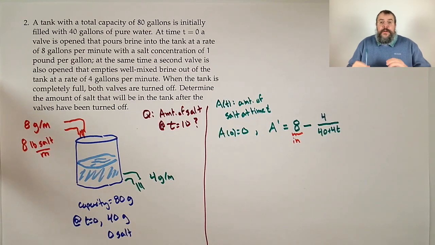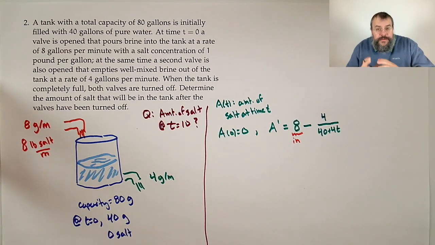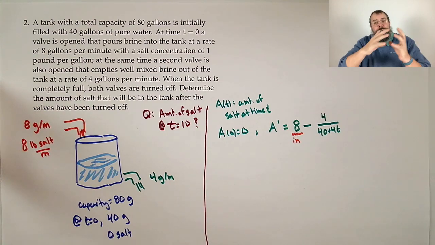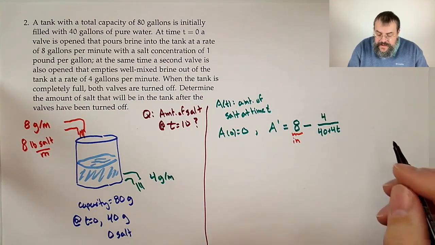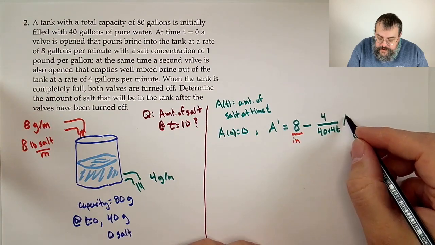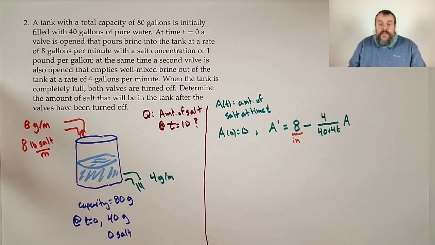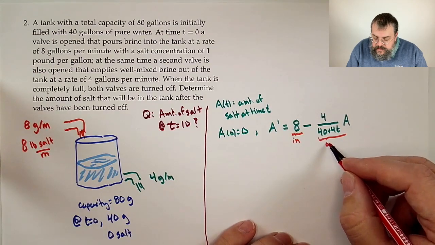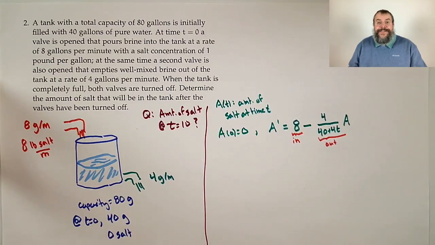Now, that's the proportion of fluid that leaves, and because it's well mixed, that's also the proportion of salt that leaves. So if you multiply that by A, that's how much salt exits the system. So 4 over 40 plus 4t times A. This is going out. All right, great.